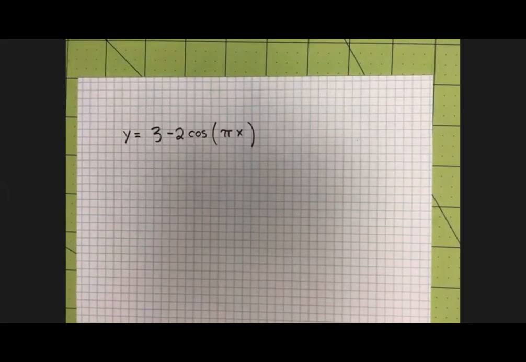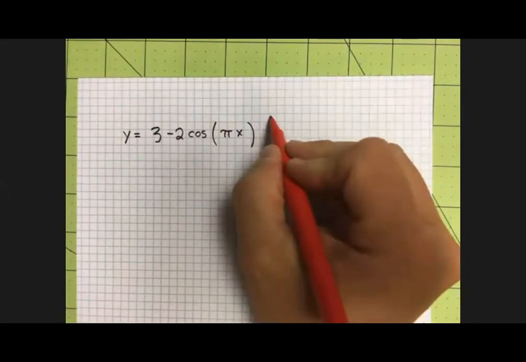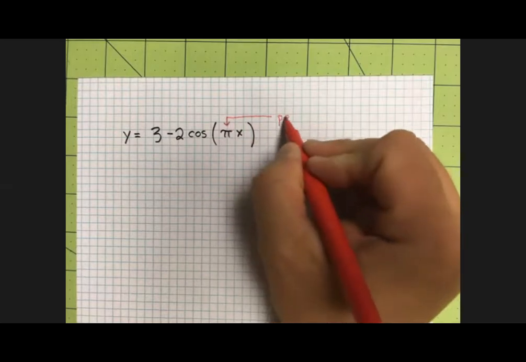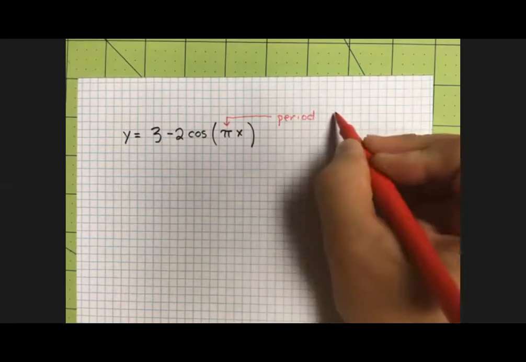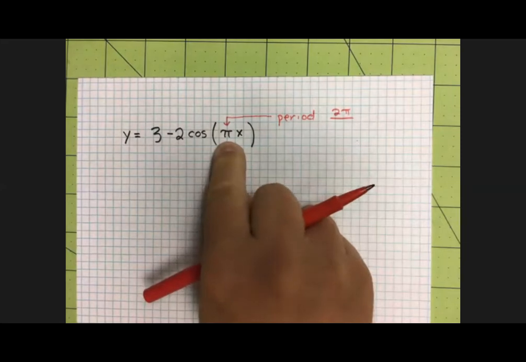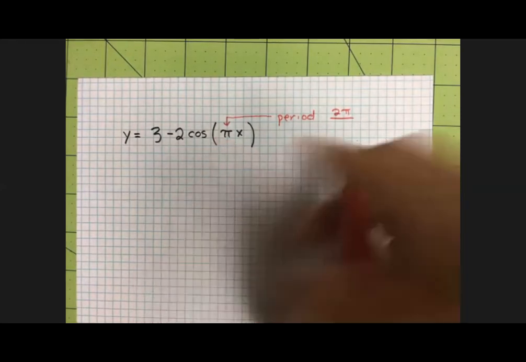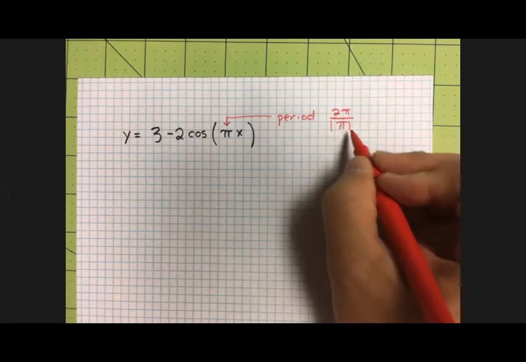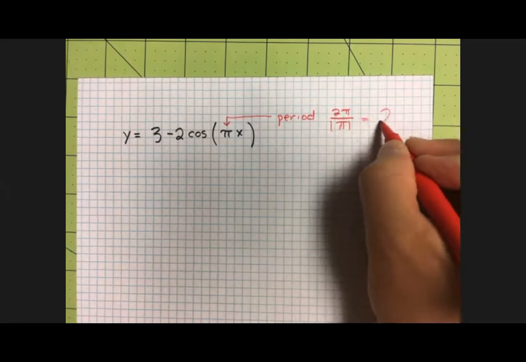And each one of these numbers does something for me. Remember, this number in front of the x tells me the period. The period will be 2 pi divided by whatever number that is. Now that's pi. Absolute value of that is pi. So this graph will have a period of 2.